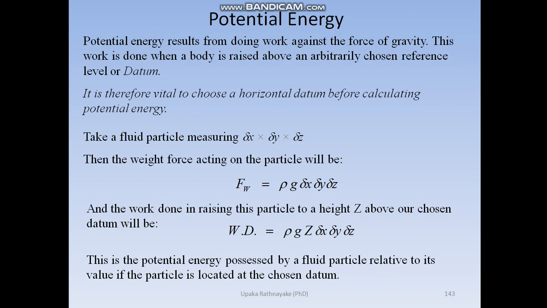We can build up that the potential energy is equal to rho g z delta x delta y delta z for a delta x delta y delta z cube moved z height from the defined datum.